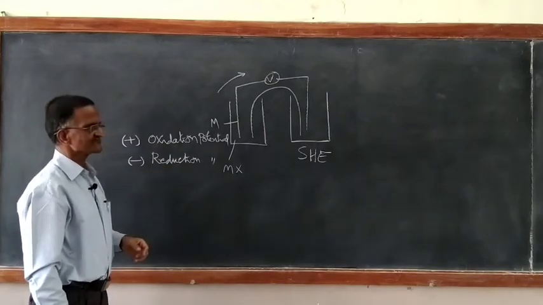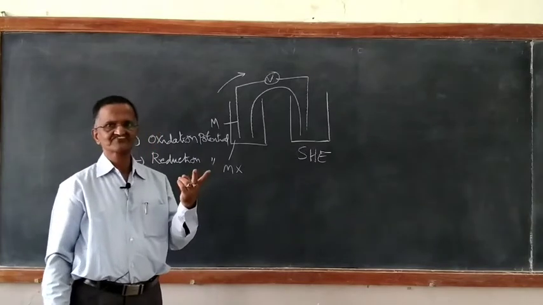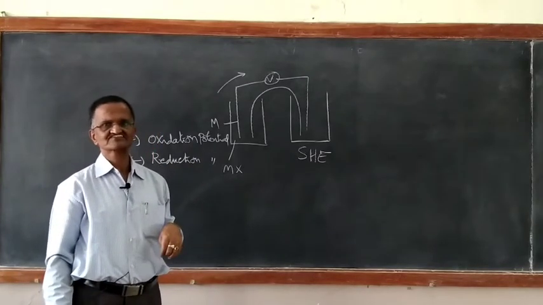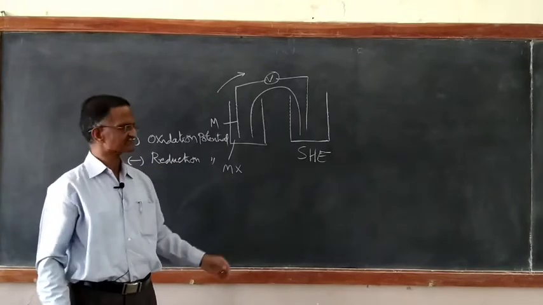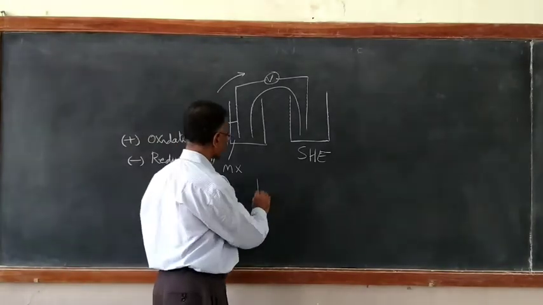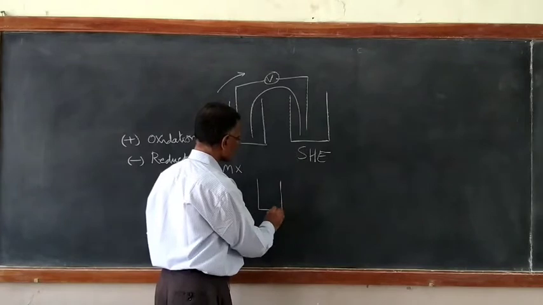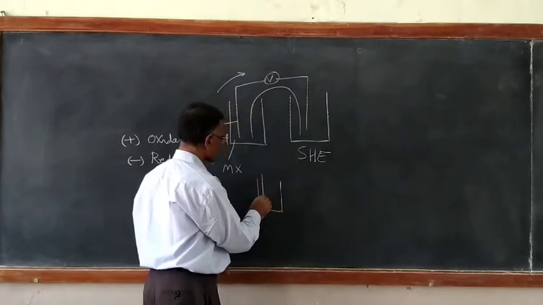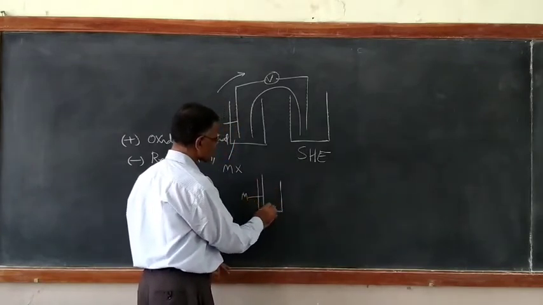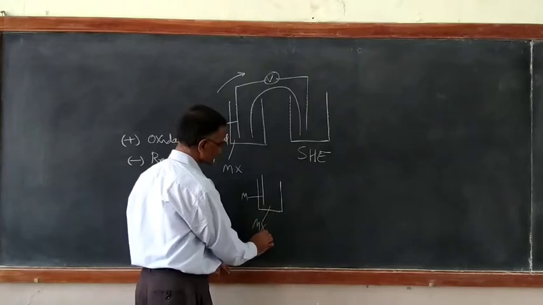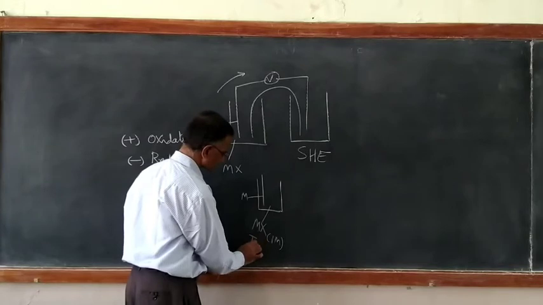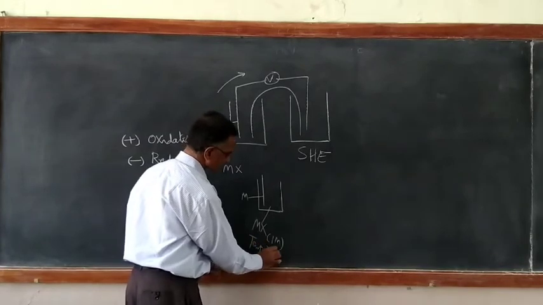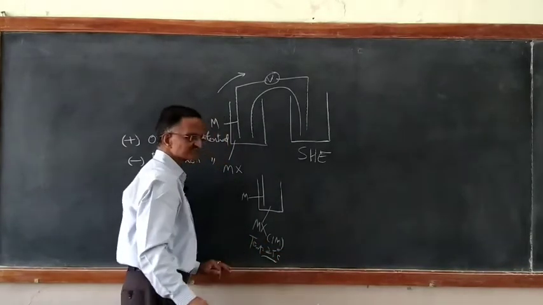Now, if I want to find out what happens when two metals dipped in their respective salt solutions are connected, how to understand that? Again, I have a metal M, dipped in its salt solution MX, concentration 1 molar, temperature 25 degrees Celsius.